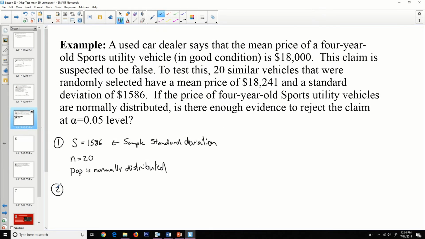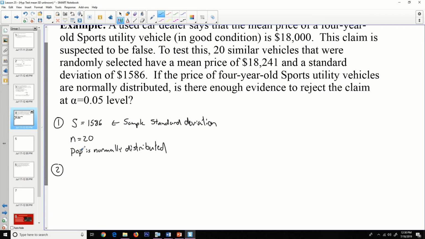So number two, we're going to state our hypothesis, and so we're going to say that the mean price of a 4-year-old SUV, just for time's sake, is equal to $18,000.